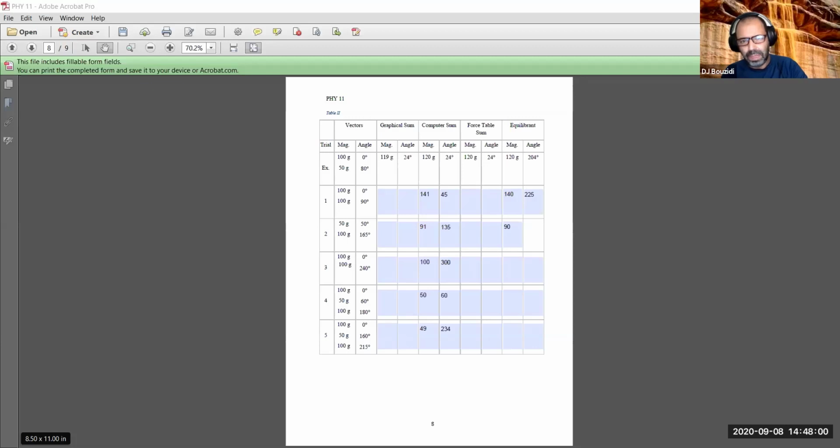So 315 degrees is still within the circle. I added 180 to it. Let's see here if it works. So it's 315. Let's share the screen and go back.